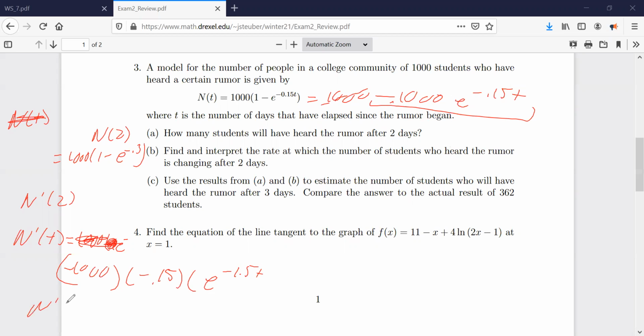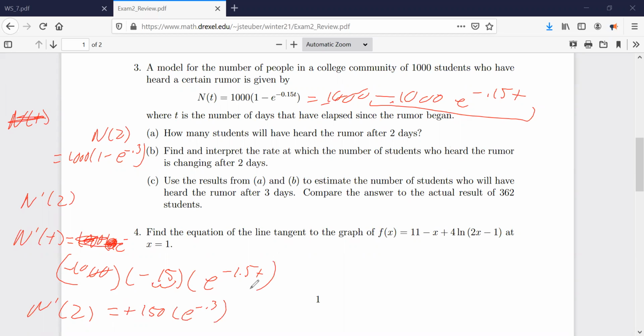So when I do the derivative at 2, this becomes positive, and moving the decimal over, we get 150 times e^(-0.3). And that is going to be our answer for B.